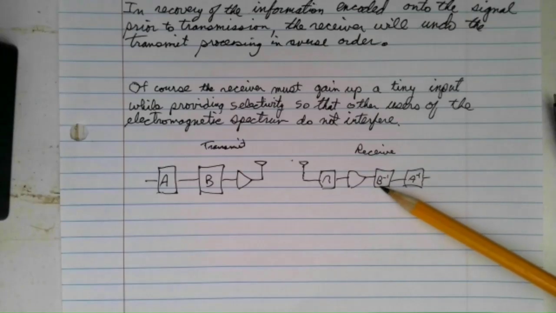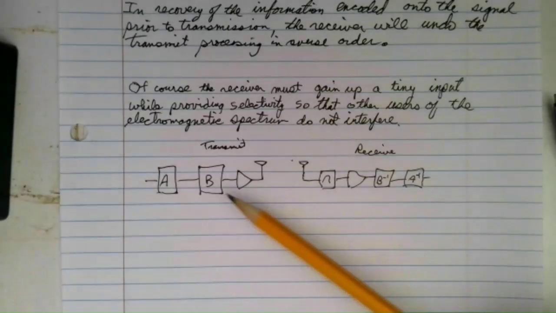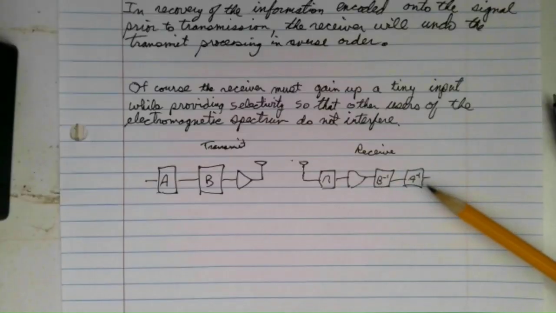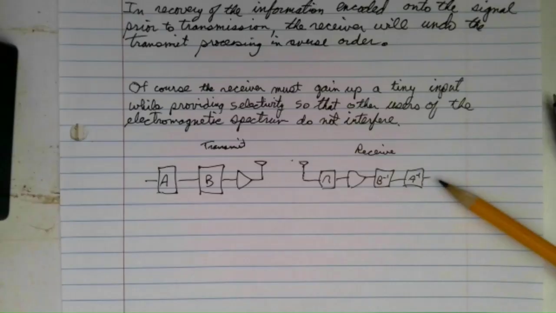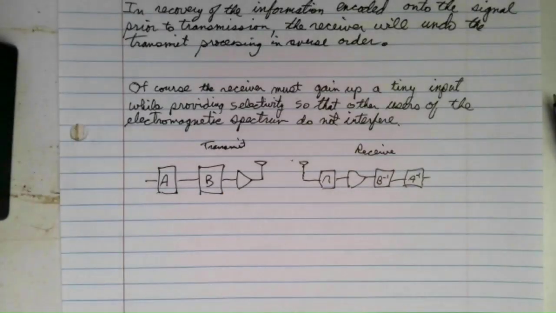You're going to undo the QPSK modulator, which represents B minus 1, the inverse of this. Then you're going to de-interleave. And the third step, you're going to do your Viterbi decode to undo the convolutional encode. All of these steps are, in my opinion, a little more complicated than what you have to do at the transmitter side.